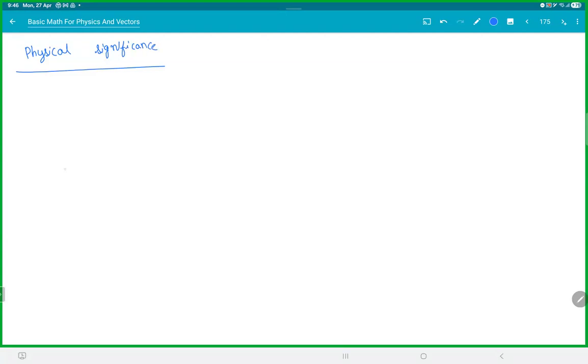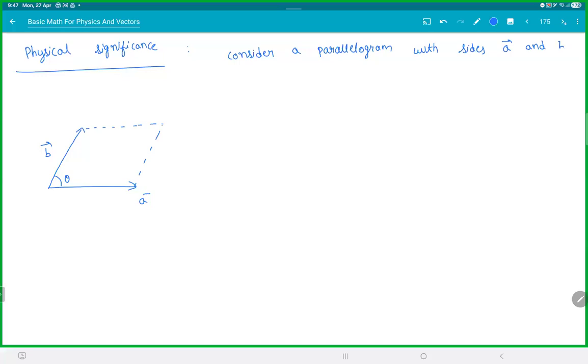so consider a parallelogram with a bar and b bar as two sides. Now, in this parallelogram, you can clearly see the opposite side of this would be b sine theta.